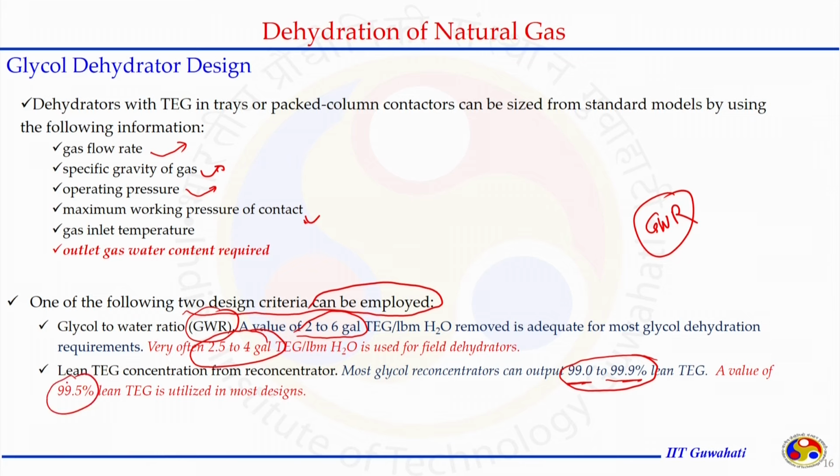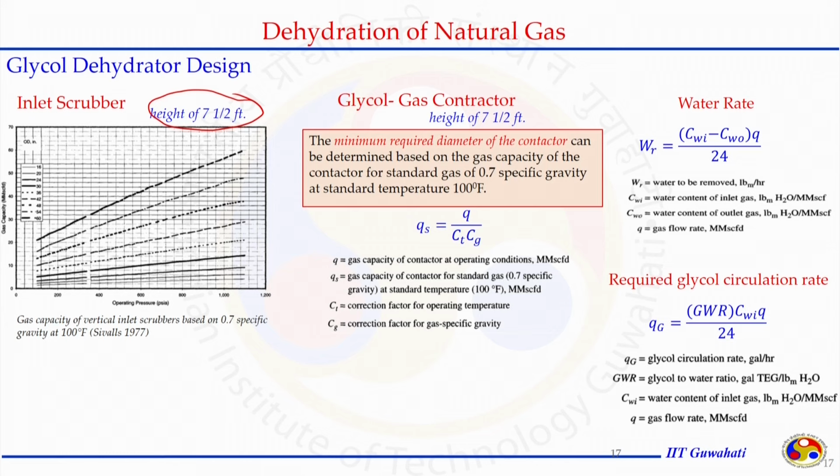So, the first unit that is installed in the dehydration absorption plant is the inlet scrubber. Mostly it has a height of 7.5 feet. The diameter depends on the gas that is going to pass through it and the operating pressure at which it is operated. Based on that, we can choose the diameter of the inlet scrubber.